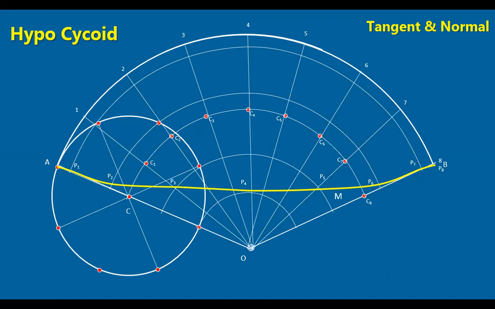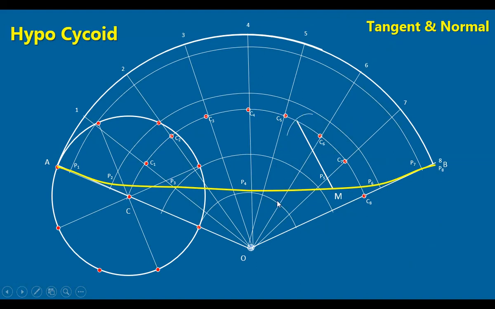So we have completed drawing the hypocycloid, and I want to draw the tangent and normal at some point on the curve, anywhere on this. You take a point M here, and with small r as radius and M as center, draw an arc onto the central arc, the curve passing through the center. You get a point here.